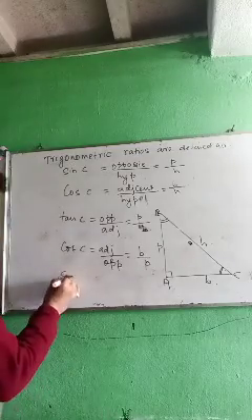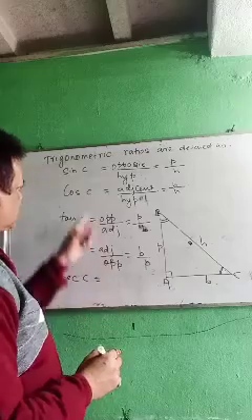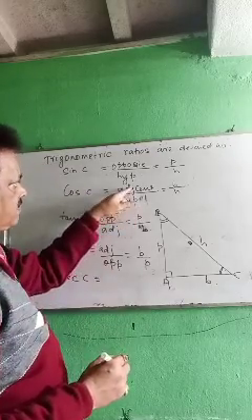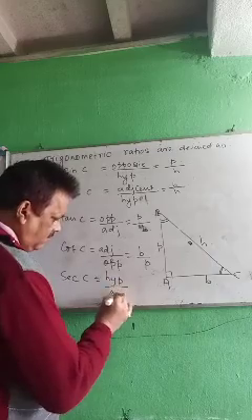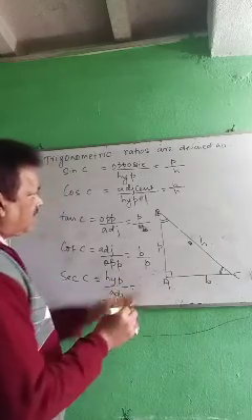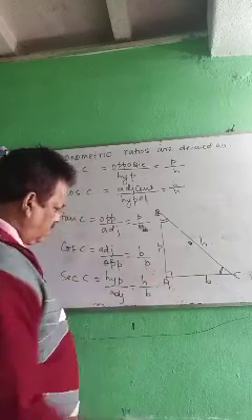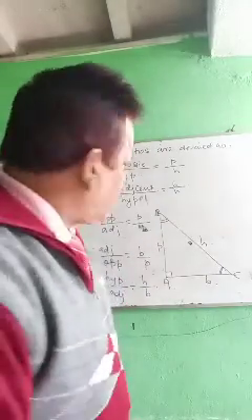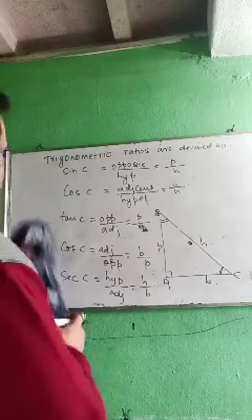Okay, sec C. Sec C equals to just cos का opposite, hypotenuse by adjacent. The hypotenuse means H by B. Then the last one, 1, 2, 3, 4, 5, 6 trigonometric ratios.